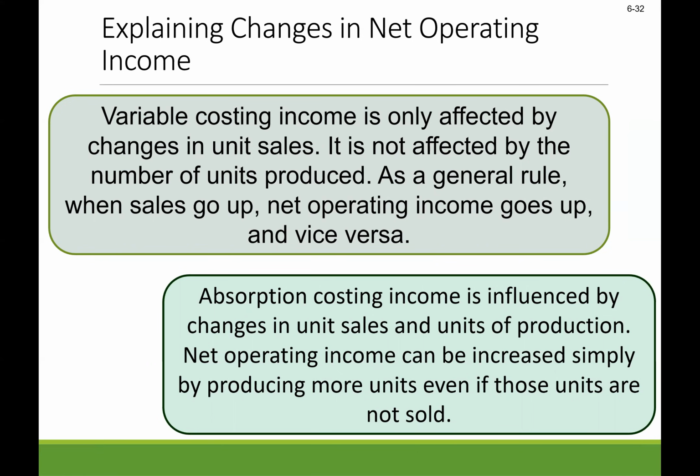Absorption costing income is influenced by changes in unit sales and units of production. Net operating income can be increased simply by producing more units, even if those units are not sold.